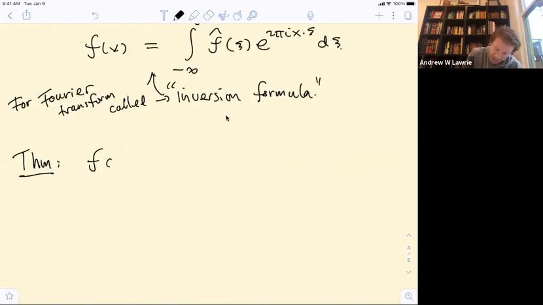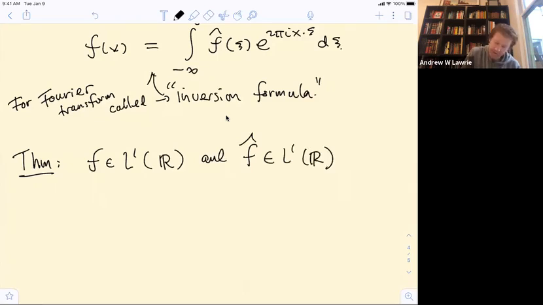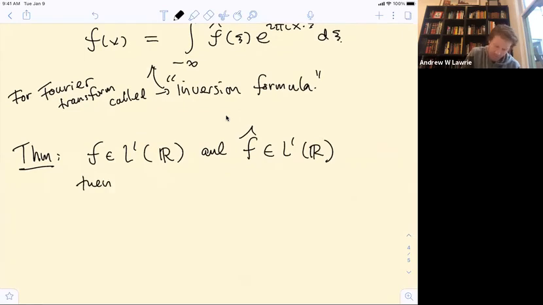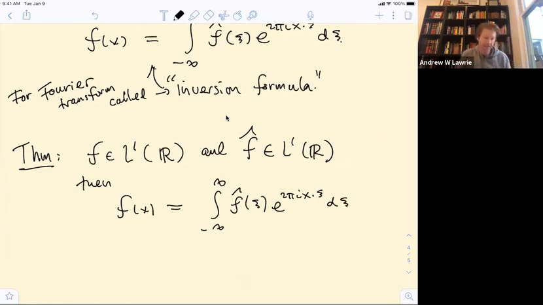If f is in L1 of R, and f hat is in L1 of R, then f of x is equal to the integral of f hat of c times e^{2πi x c} dc, as L1 functions.